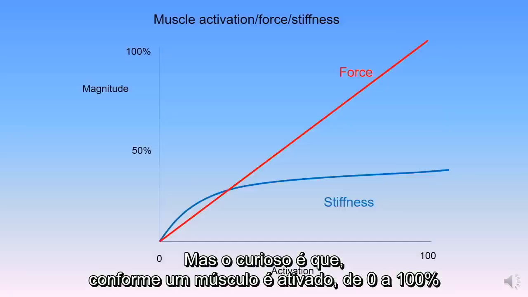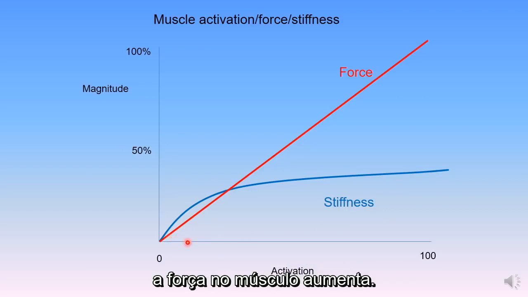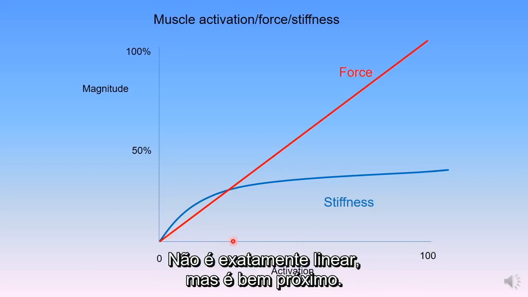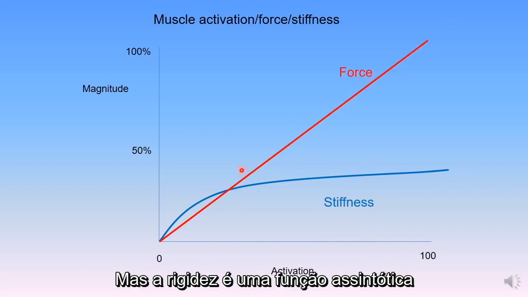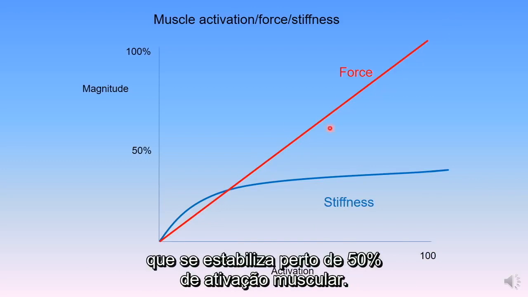But the curious thing is that as a muscle activates from 0 to 100%, the force in the muscle increases. Now, it's not exactly linear, but it's pretty close. But stiffness is an asymptotic function that levels off somewhere below 50% of muscle activation.